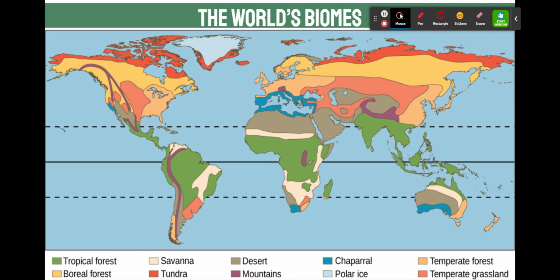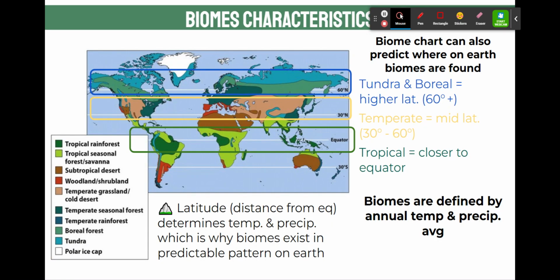So let's get started. As we look at this map, as we move higher in latitude, it tends to be colder in terms of the climate. So it's going to be a lot colder and drier, whereas if you're somewhere in the middle latitudes, it's going to be more temperate.